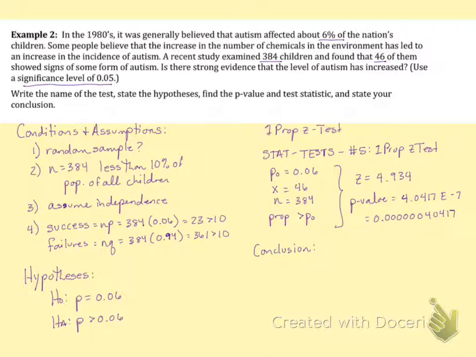So we would say, since the p-value is below our alpha, we use alpha to signify our significance level, below alpha equal to 0.05, we reject the null hypothesis.